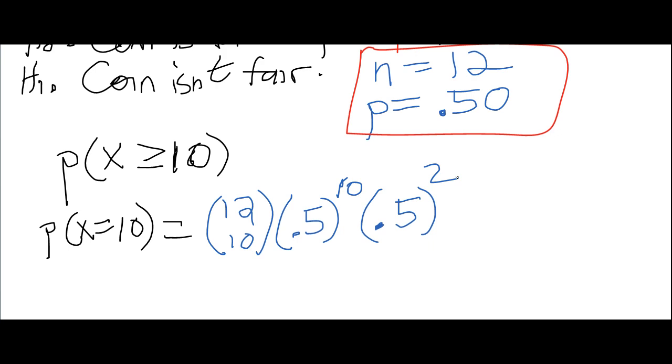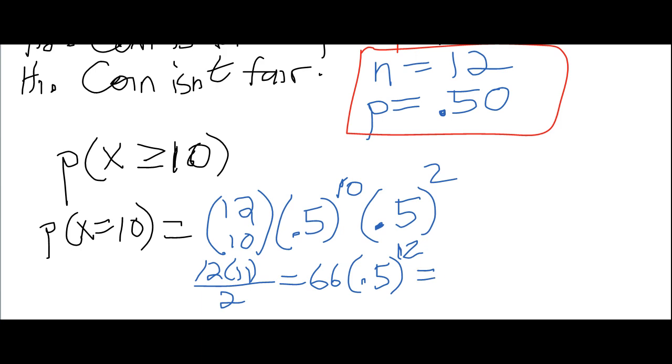Okay, so let's figure out 12 choose 10. It's going to be 12 times 11, and then 10 through 1 on the bottom, and what's going to be left over is 2. So this is going to be 6 times 11, it's going to be 66, times 0.5 to the 10th times 0.5 to the 2, which is just going to be 0.5 to the 12. That's 0.0161. Okay.